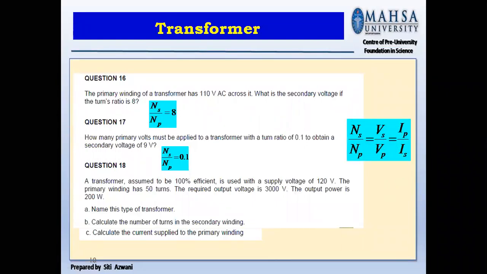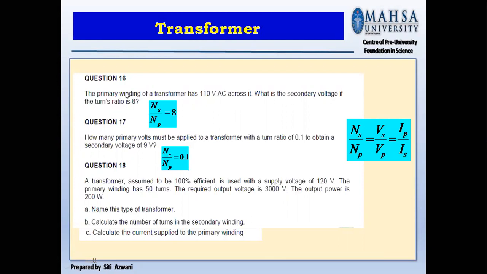Remember, you have a formula for the transformer, the relationship between the secondary coil and the primary coil: the number of turns in the secondary over the number of turns in the primary is equal to Vs divided by Vp, the voltage in the secondary divided by the voltage in the primary coil, and also equal to the current in the primary coil divided by the current in the secondary coil. You need to apply this formula to solve your problem.